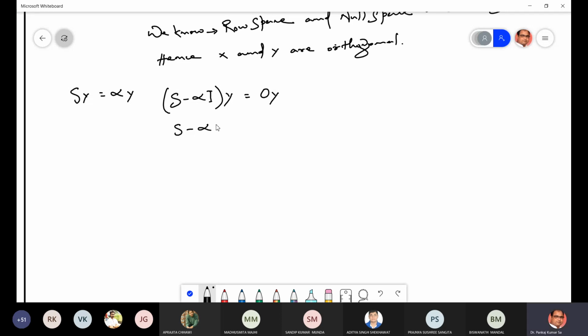S minus alpha I x is equal to lambda minus alpha x. Okay, this lambda minus alpha should not be equal to 0 again, otherwise things would be the same.